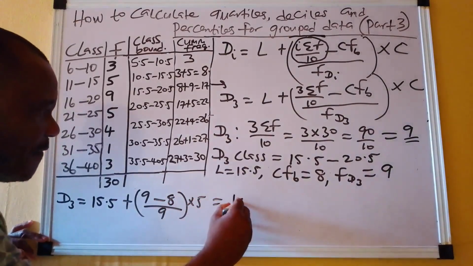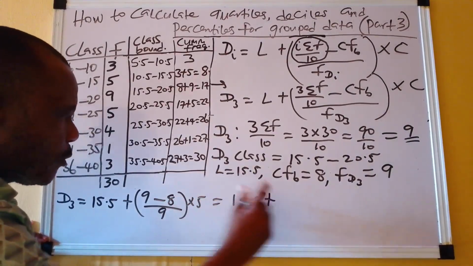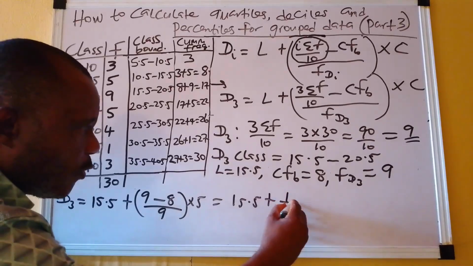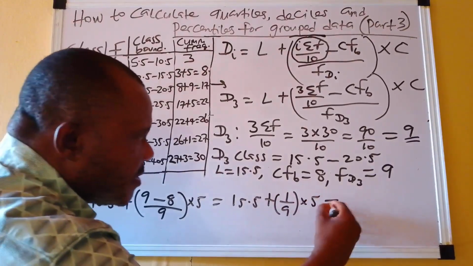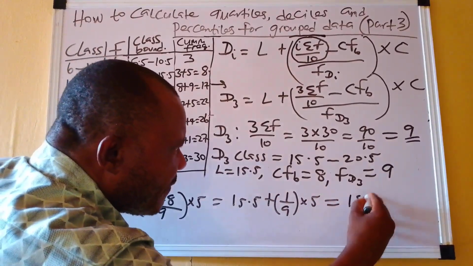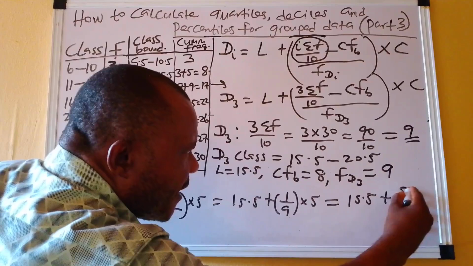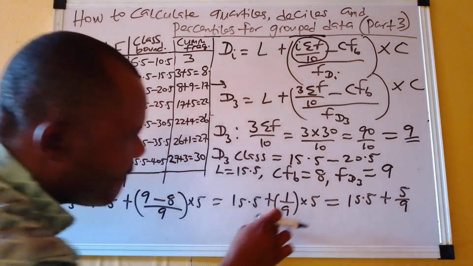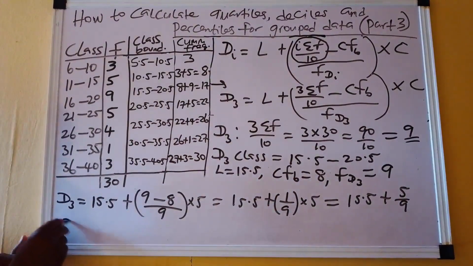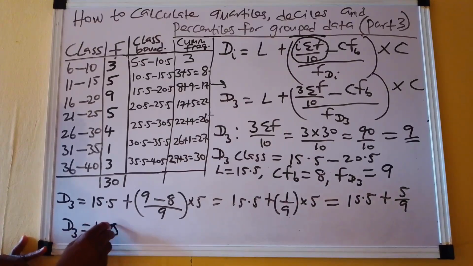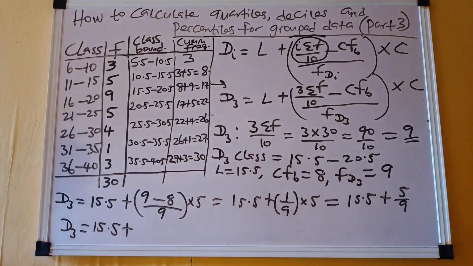So this will be equal to 15.5 plus 9 minus 8, which is 1, all over 9, times 5. This will be equal to 15.5 plus 5 all over 9. 5 times 1 is 5, so 5 all over 9. So our D3 will be equal to 15.5 plus 5 divided by 9.